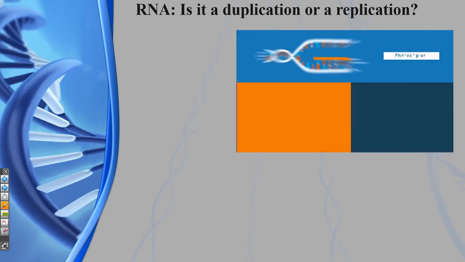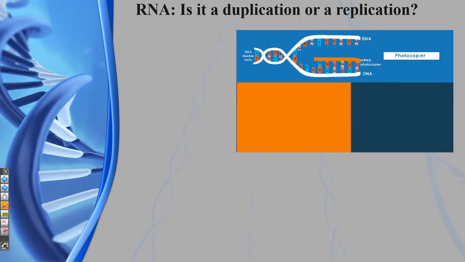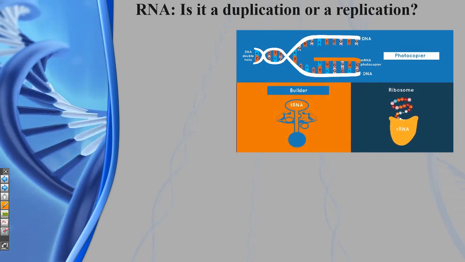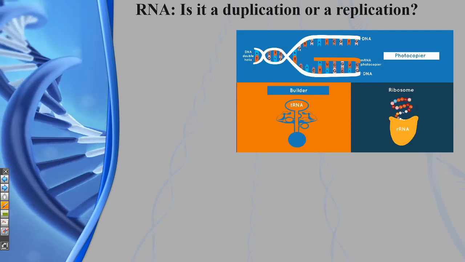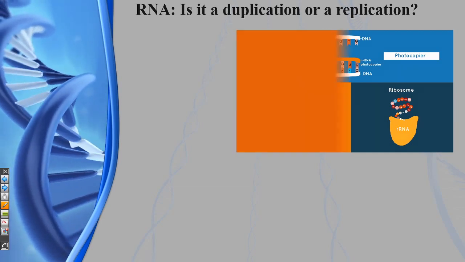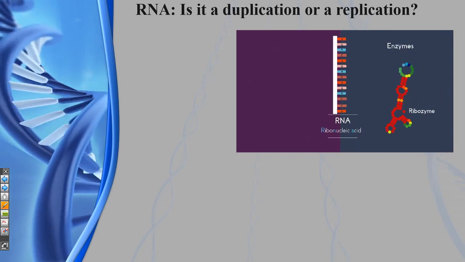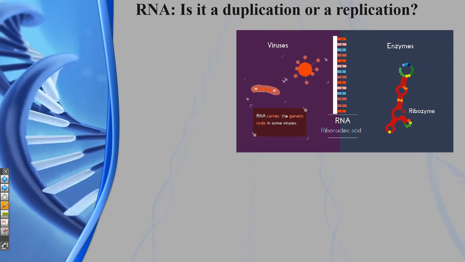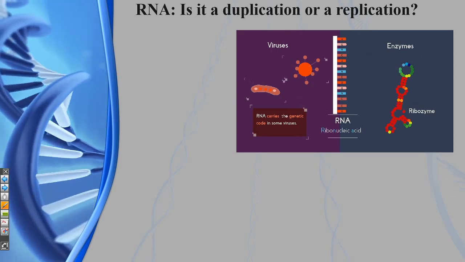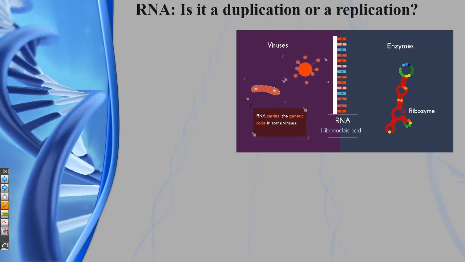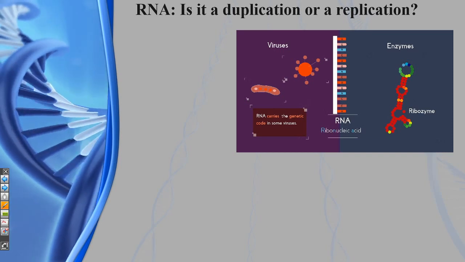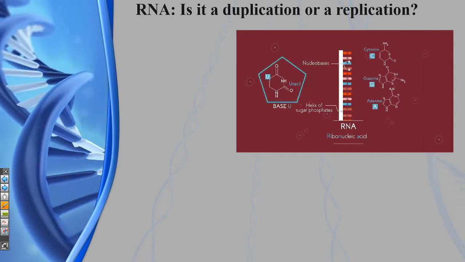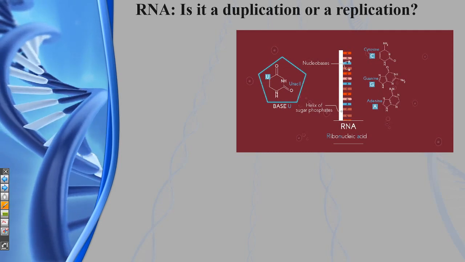For many years, we just thought RNA was a DNA photocopier, as mRNA, the protein builder, as tRNA, and found in ribosomes as rRNA. However, RNA can also act as enzymes to speed up chemical reactions, and in many viruses, they have RNA instead of DNA. The RNA carries the genetic codes in those viruses. So there we have RNA. From this video, you should now know about the existence of RNA. It is a single-stranded nucleic acid that has a base U instead of base T.